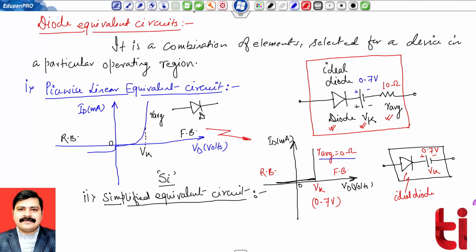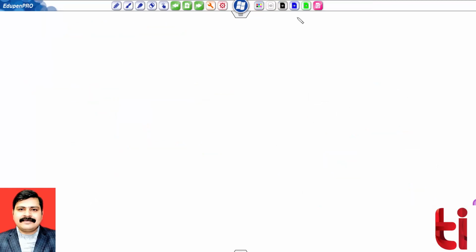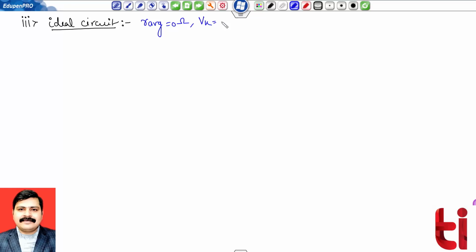Now the final category, the third case, which in most of the numericals will be used directly, is the ideal circuit. As the name suggests, ideal circuit means in this particular case the value of R average equals 0 ohm and Vk will also be 0 volts.